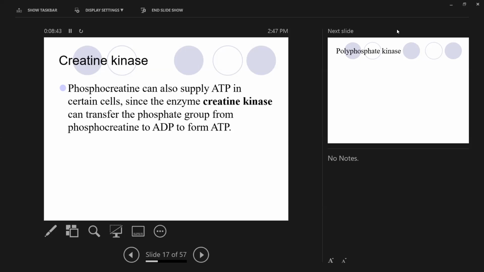But this reaction can go either way as well. And remember, phosphocreatine is a storage molecule for energy. It's used to recover after the muscle has been working very hard. So phosphocreatine is made by creatine, ATP, and creatine kinase. But you can also go the other way if you want to replenish ATP stores in very heavily worked muscle as well.